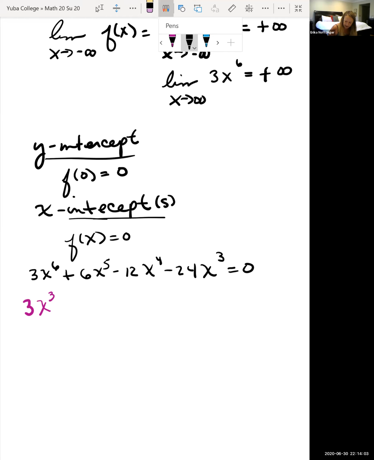So pulling out 3x cubed, we would be left with an x cubed for the first term, plus taking out 3x cubed from 6x to the 5th would give us back 2x squared.